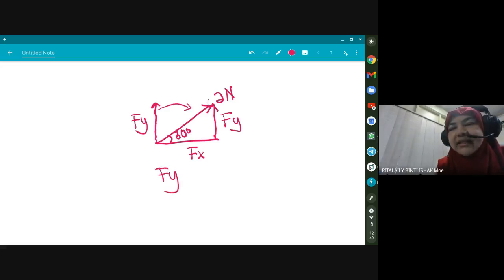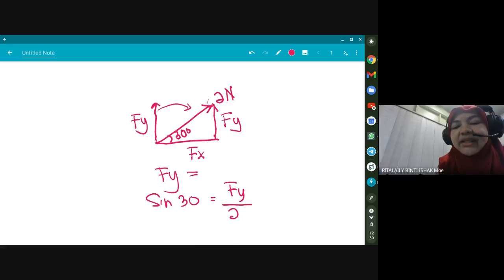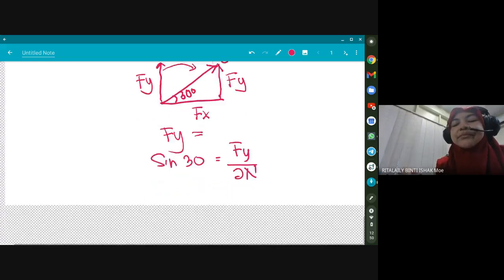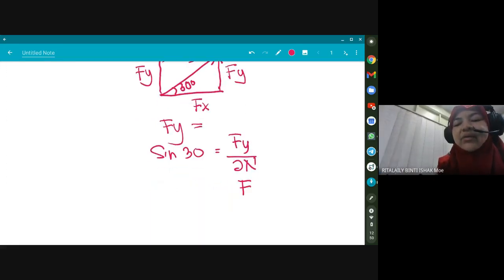Fy is opposite. So it should be sine. Macam mana? Sine 30 equals to opposite divided by hypotenuse. Kan? So Fy equals to 2 Newton sine 30.